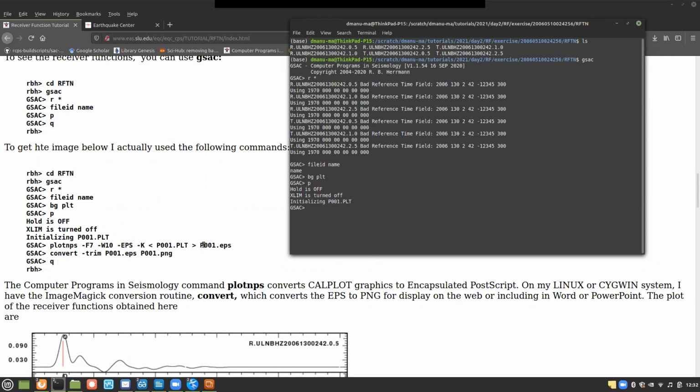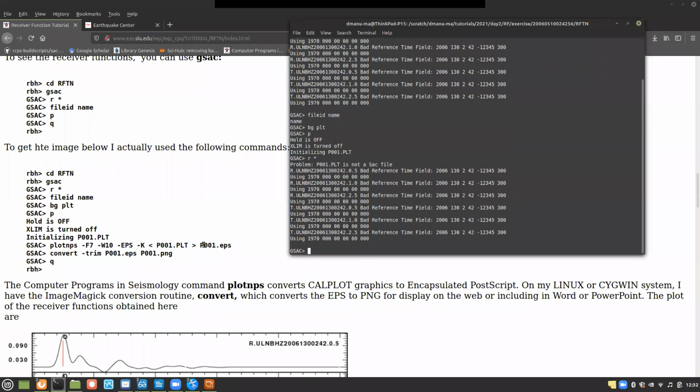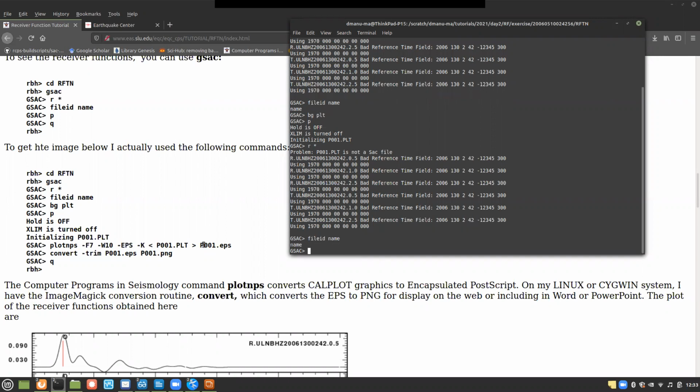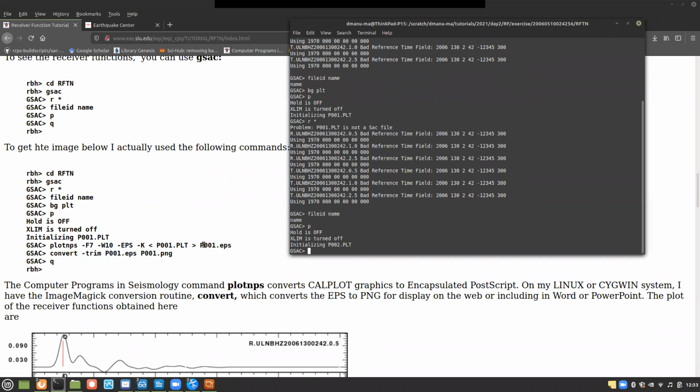Oh, I think I got it wrong. That's not what I wanted to do. Sorry, I think it's this rather. Okay, so file ID is name, then plot. Why is it not plotting?